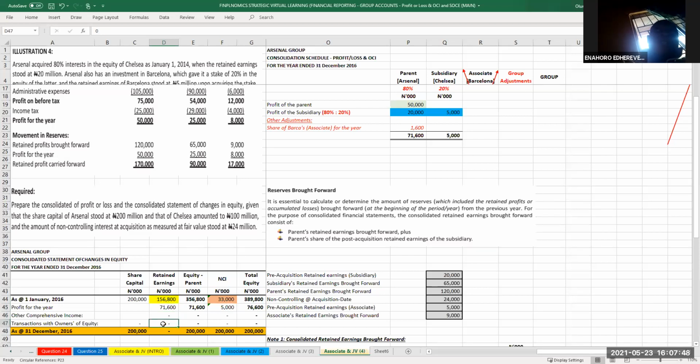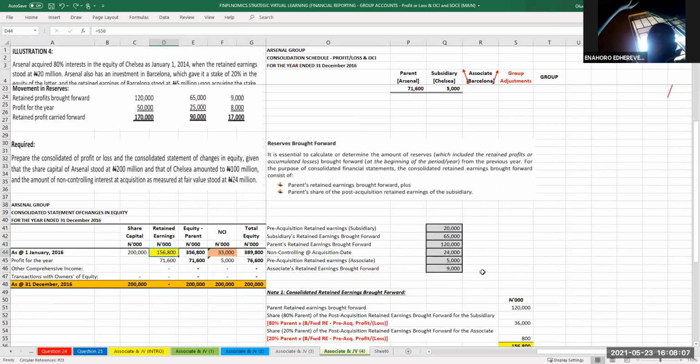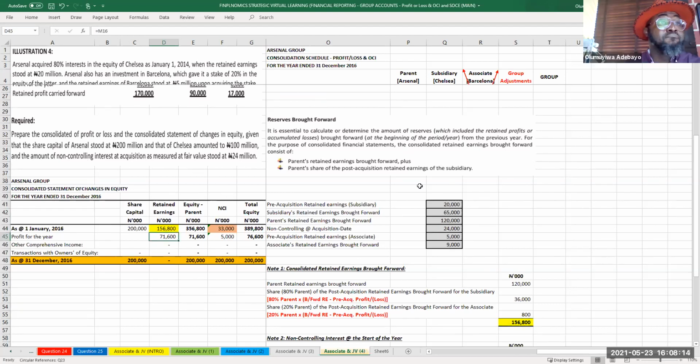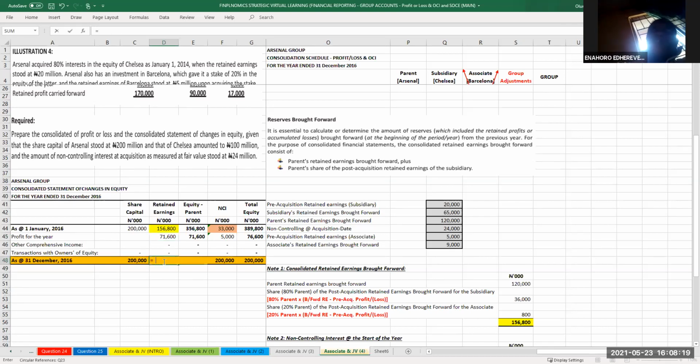Whether I want to hold it, based on the categorization that you explained to us, basically we can categorize it as a financial asset through profit or loss or through OCI. In the case of associates, we use the equity method, provided it has reached the 20% threshold. Am I in order?